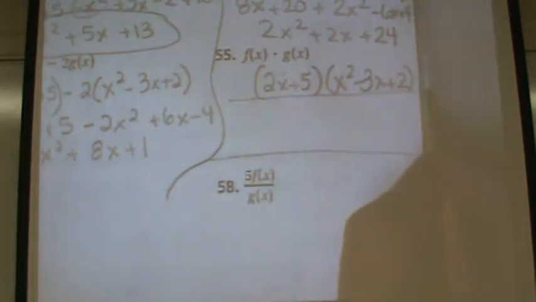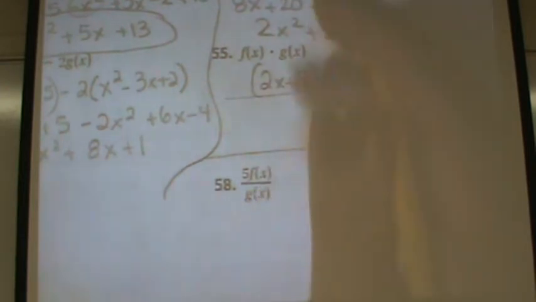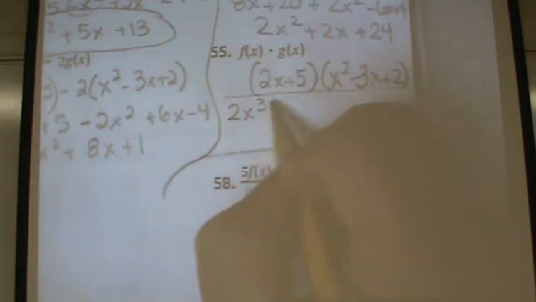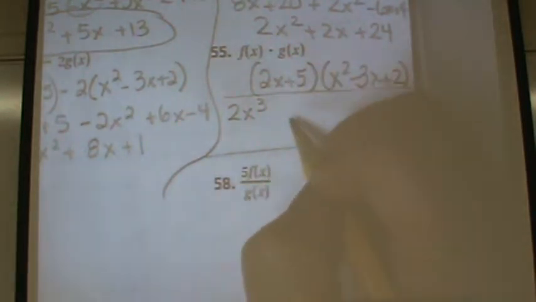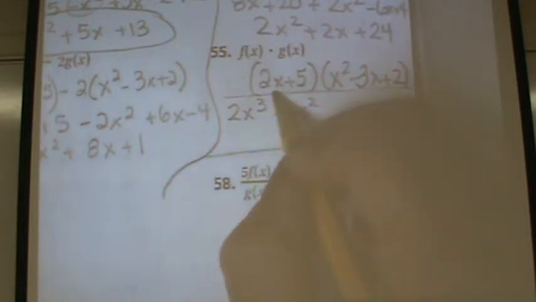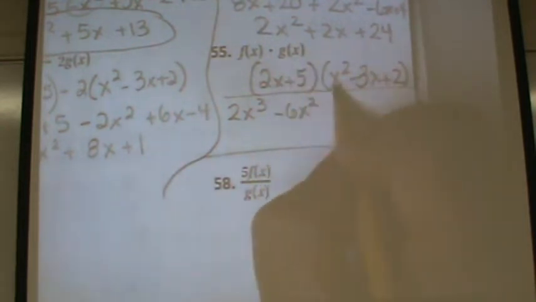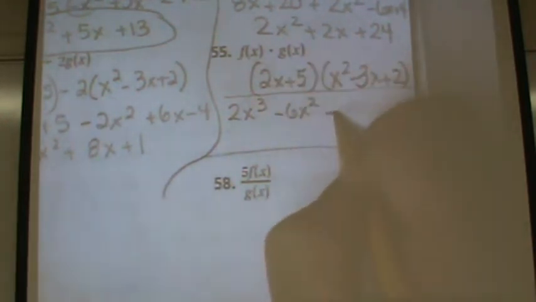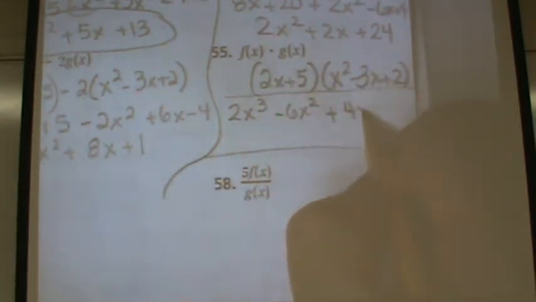So you're going to do 2x times x squared, which is 2x cubed, 2x times negative 3x, which is negative 6x squared, and 2x times 2 is 4x.